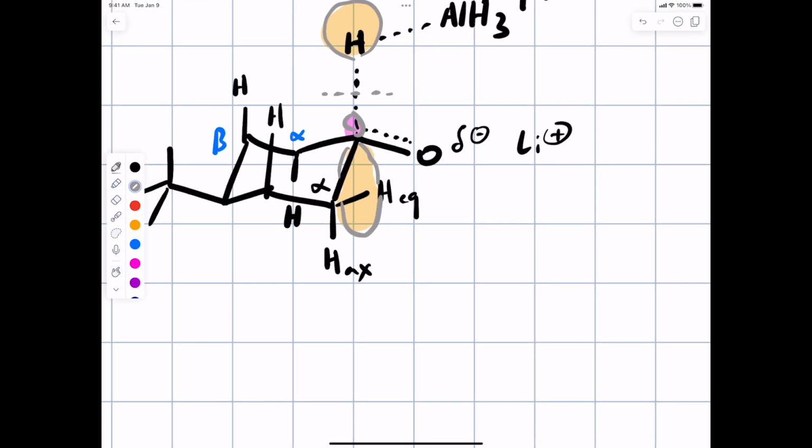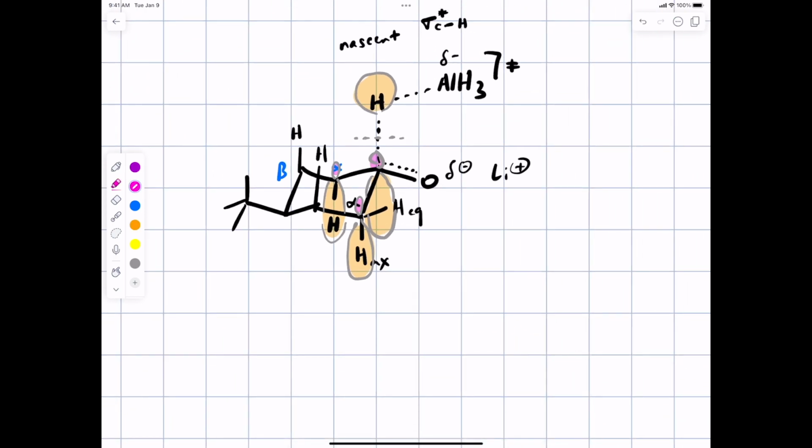If it approaches anti to those axial protons, then the adjacent carbon-hydrogen sigma bonding orbitals can line up and donate into that nascent sigma star and stabilize it. So you've got axial approach anti to those alpha protons providing good hyperconjugation.